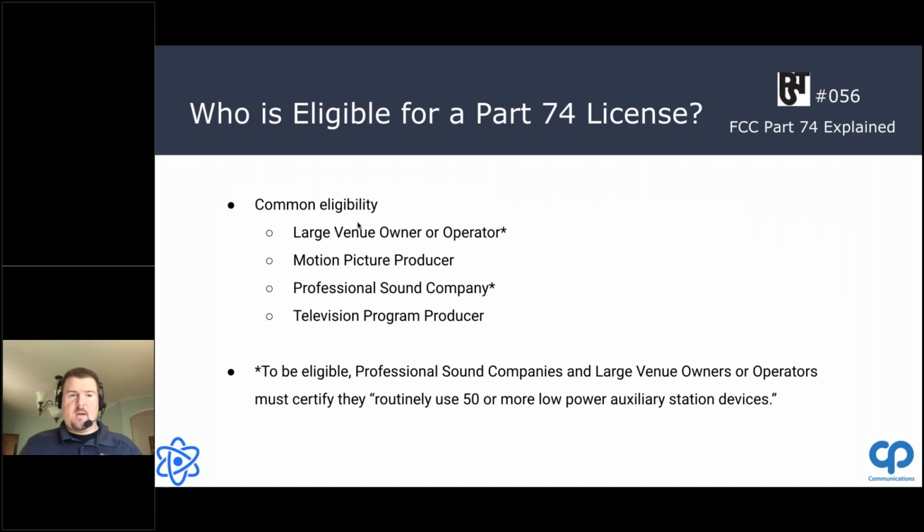So your most common, as we said, are large venue owner or operator, motion picture producer, professional sound company, and television program producer. And we keep hammering in that point that you need to routinely use 50 or more low power auxiliary station devices if you're a professional sound company or a large venue owner or operator.